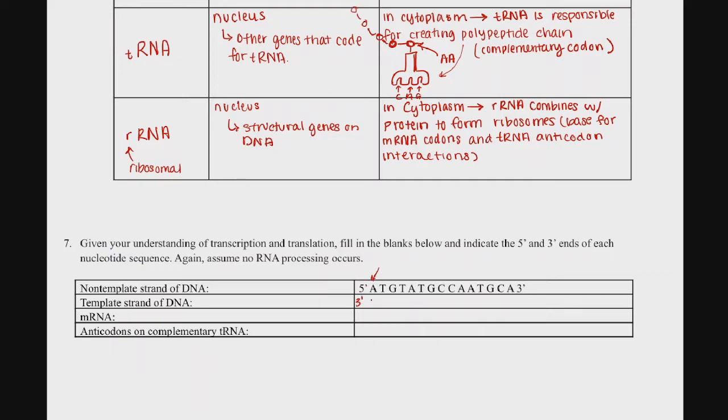So we start with 3 prime, T, A, C, A, T, A, C, G, G, T, T, A, C, G, T. And remember it says DNA, so we're not substituting T for U. And then mRNA would then be complementary to this template strand, but would substitute U for T.